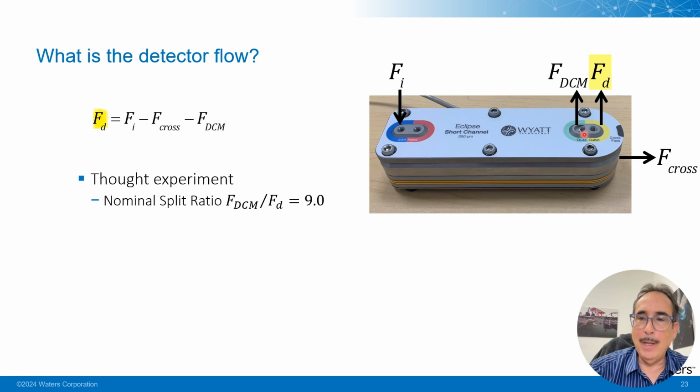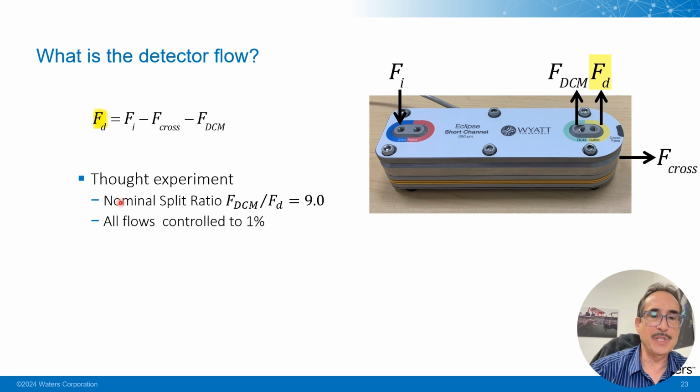Well, imagine that we want this ratio to be 9:1, so that this is 10% and this is 90%. And furthermore, imagine that you can control these flows, like the inlet flow from the pump, to an accuracy of 1%, and you can control the cross flow and the DCM flow also to 1%. And ask how well can we control this split ratio? Because that controls how much of the concentration enhancement we're going to see at the detector port.